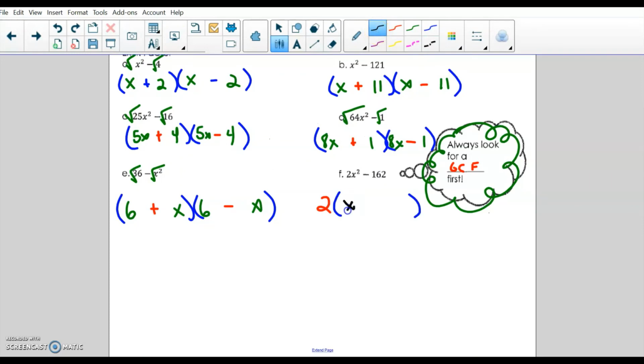That gives us x squared minus 81. And now you notice that both the x squared and the 81 are perfect squares. So 2 comes down with the rest of the problem. We get x plus 9, x minus 9. All of the problems were square rooted. All of the problems have different signs. That's difference of squares.